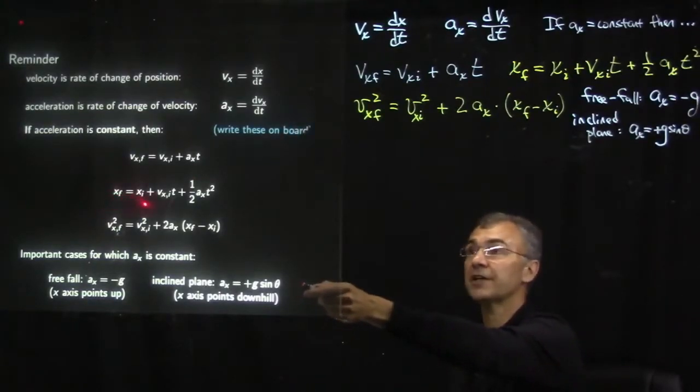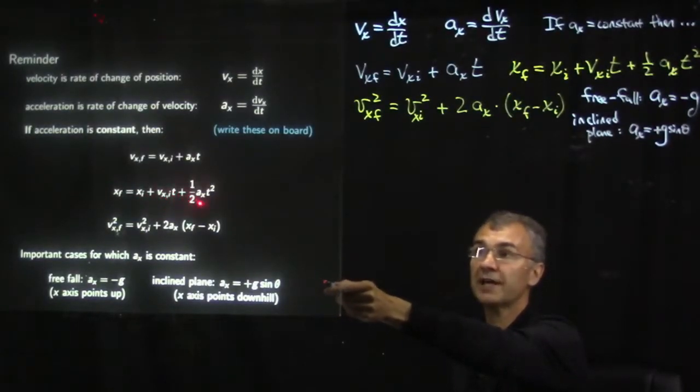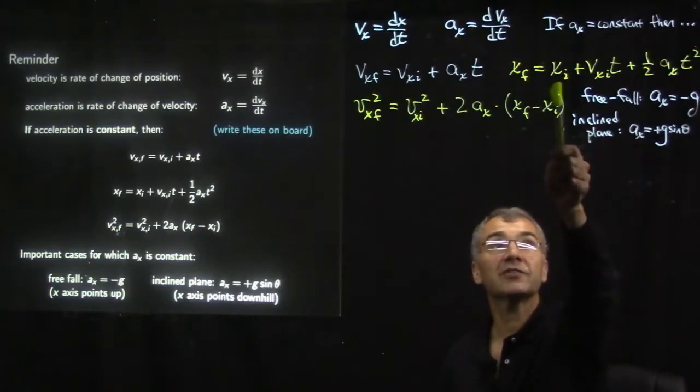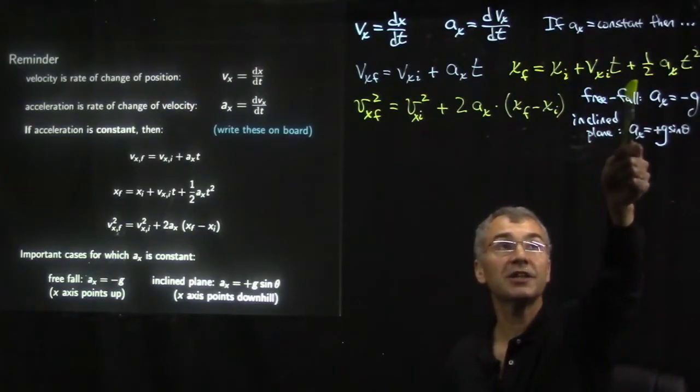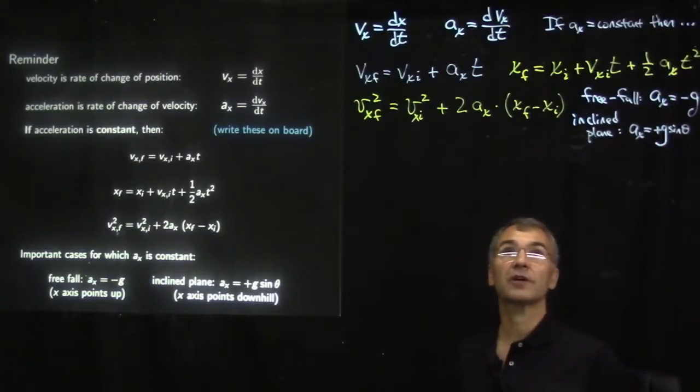And x final is x initial plus Vx initial times time plus 1/2 a sub x times time squared.